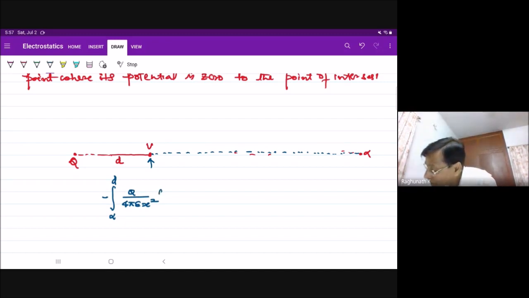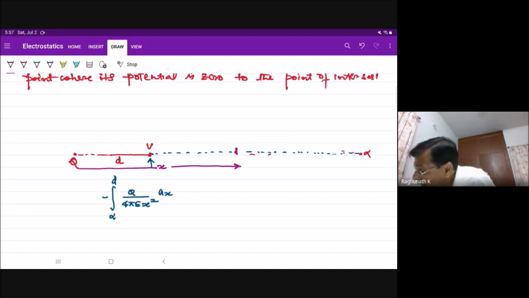Ax. You agree this? At any distance x, the electric field intensity is q by 4 pi epsilon x squared Ax. You agree this? This is E bar. Along the x-axis dl bar is dx ax. What is this value now?